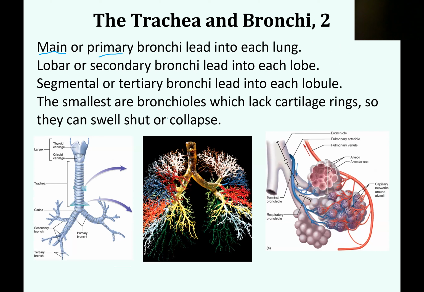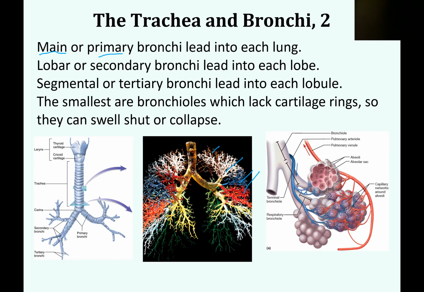The lobar, those are going to branch into the lobar or secondary bronchi, which lead into each lobe of the lung. The segmental or tertiary bronchi are going to lead into each lobule. Now, there's lots of different tertiary branches, and that's the different colors that we see here.